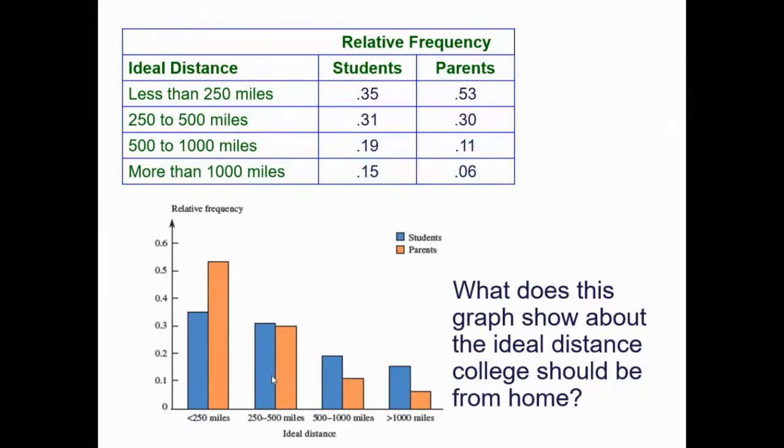Parents tend to want their child closer to home. Students, though, tend to want to be a little bit further from home than the parents would like. So like I said, that's the question on the top of page 2. I'll give you a second to write that in there.